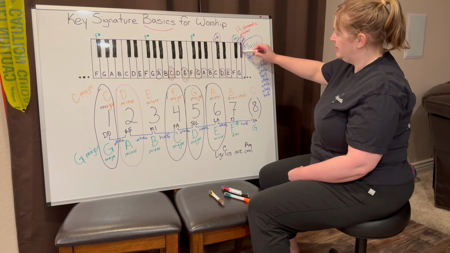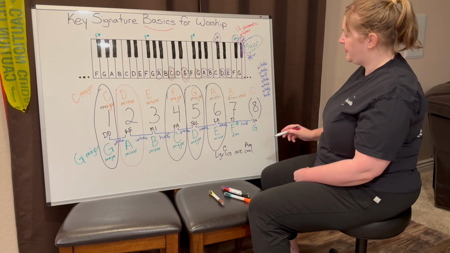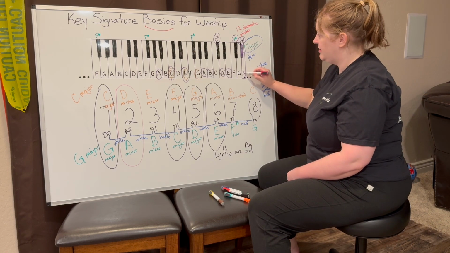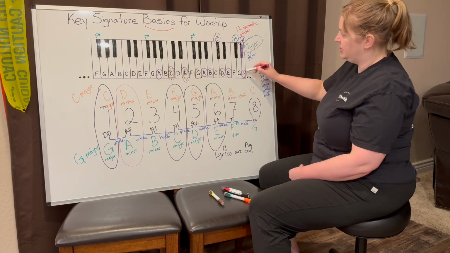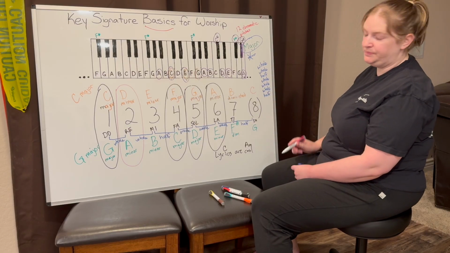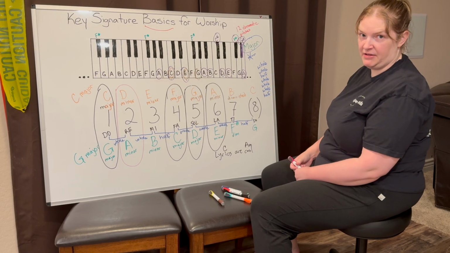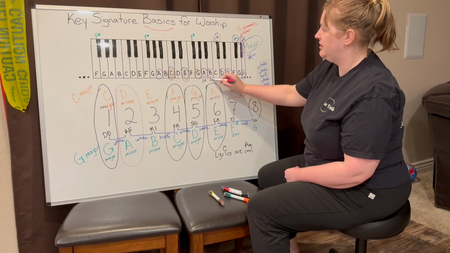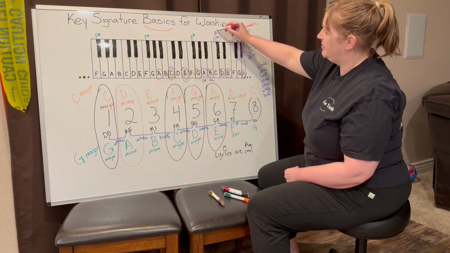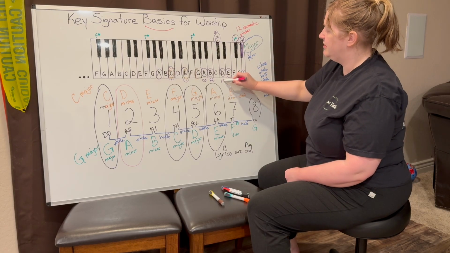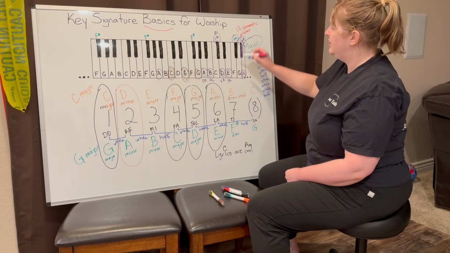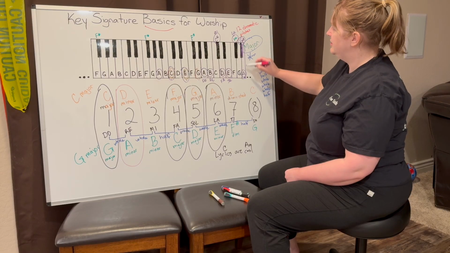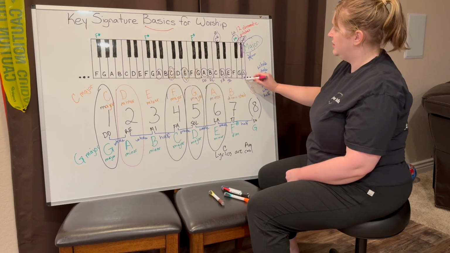Okay, there we go, G sharp. And now we're back to our A. It's a half step from the G sharp to the A. So, in the key of A: do, re, mi, fa, sol, la, ti, and we're back to do.